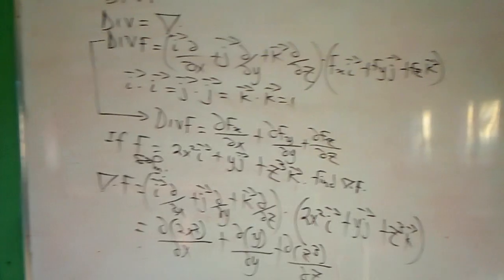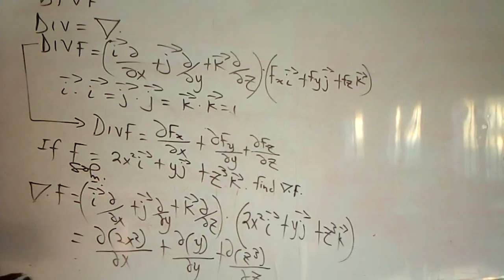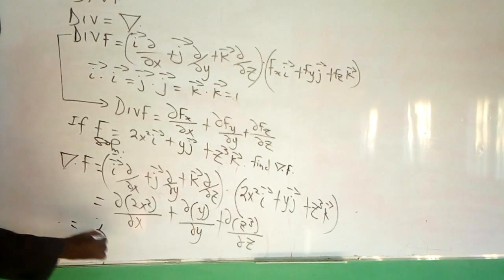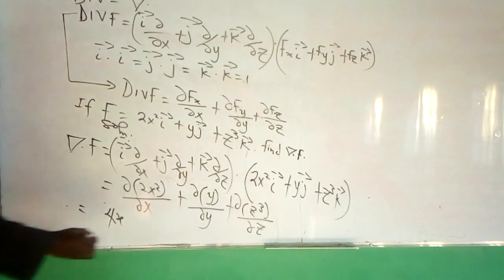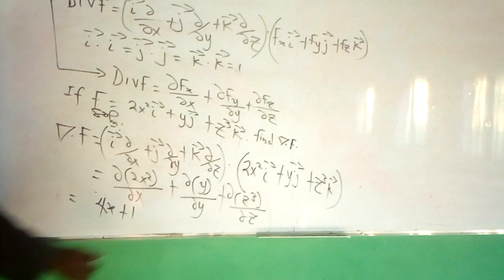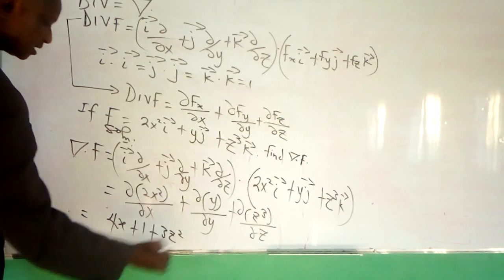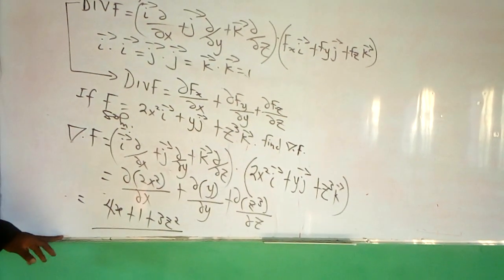So with this obvious connotation, when we differentiate 2x squared, we get 4x, because the 2 will come down based on differentiation, plus 1. If you differentiate y with respect to y, it is 1, plus 3z squared. This is the final answer.